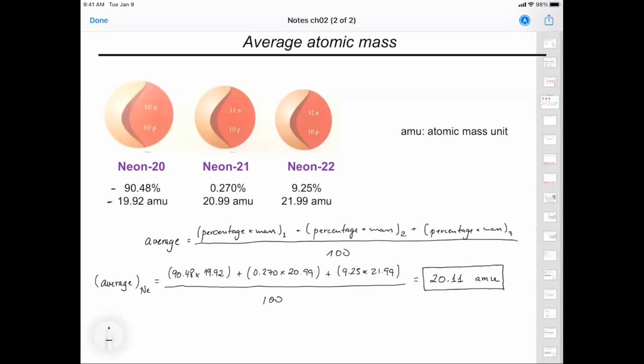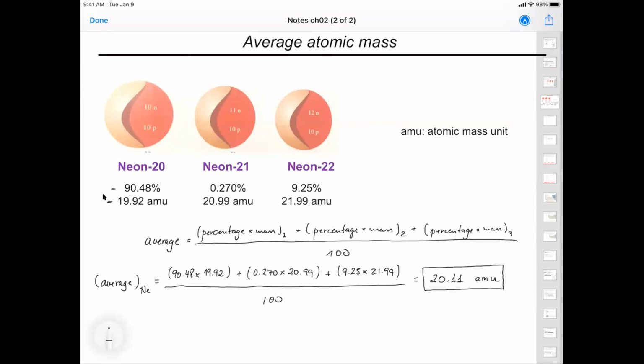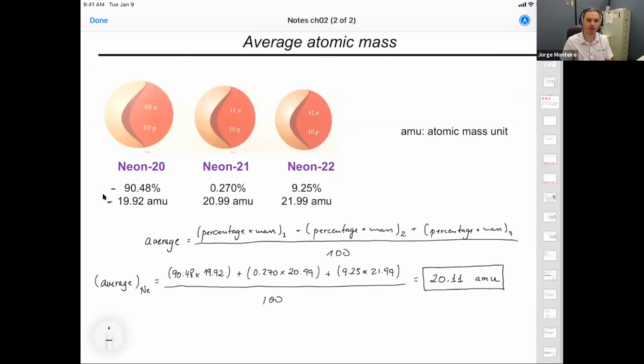What does the percentage represent? The percentage of each isotope. Yeah. So it means that if you have 100 atoms of neon, 90 atoms are going to be this isotope here, for example.